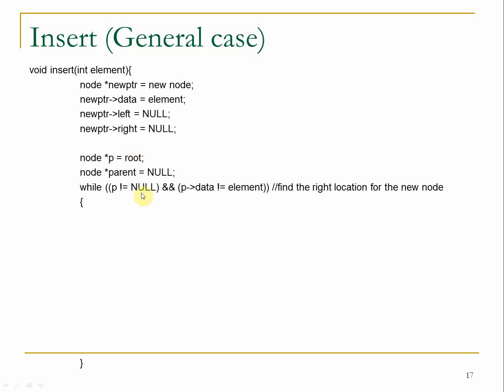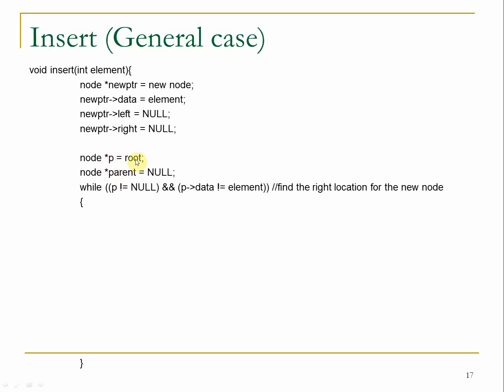But for the binary search tree or the linked list implementation, we can only go forward, we cannot go back. So instead of going back, we simply use a parent node that will follow wherever the node travels, and we remember where the parent of that node is. That's why we have 2 pointers to help us.